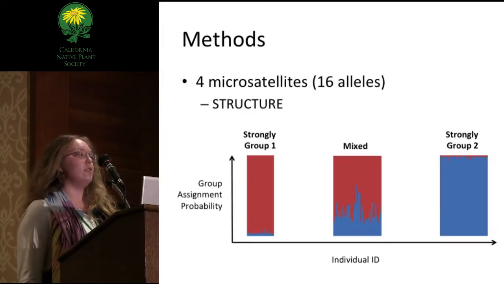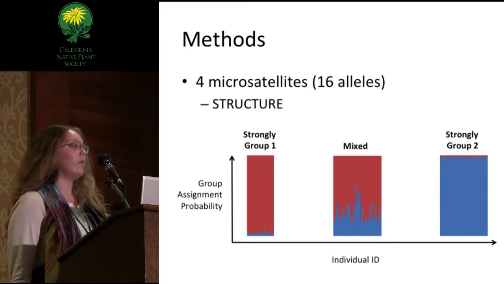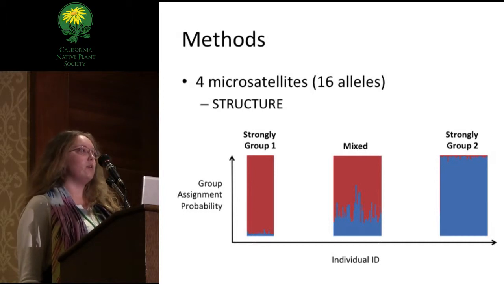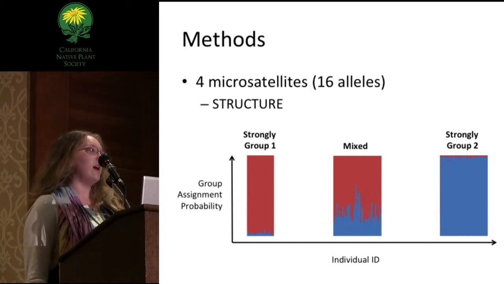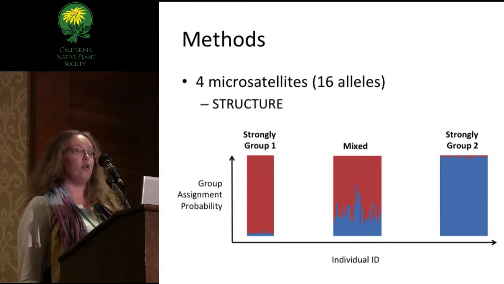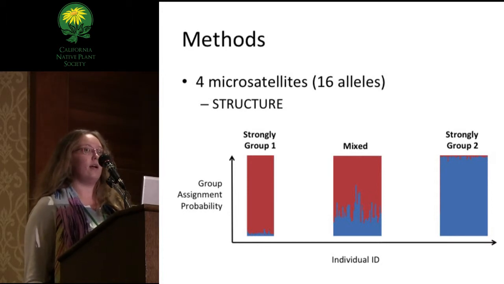We analyzed it first using the program structure, and for those of you who are not familiar, what structure does is it assesses a group of individuals for genetic clusters, and it decides what the appropriate number of genetic clusters for that group of individuals is, and then it assigns each individual a probability of being associated with a given genetic cluster.